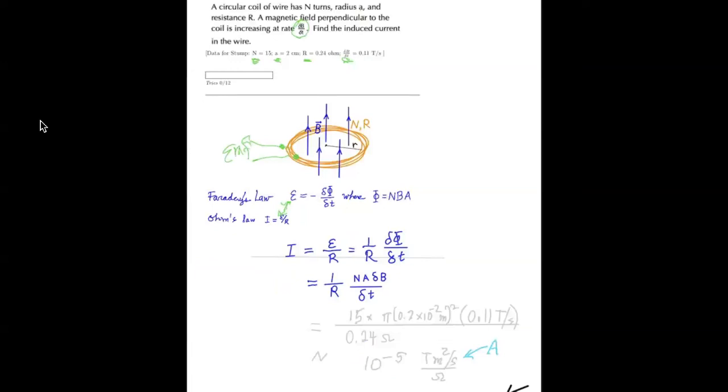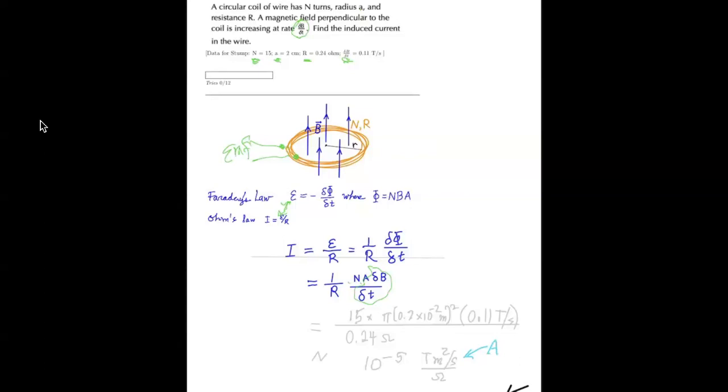Now Φ is NAB, so the change in Φ would be the change of NAB, but N and A are constant. N is the number of turns, A is the area. So the change in NAB will just be NA times the change in B. And we divide by the time. So here's the rate of change of the magnetic field, which is given.